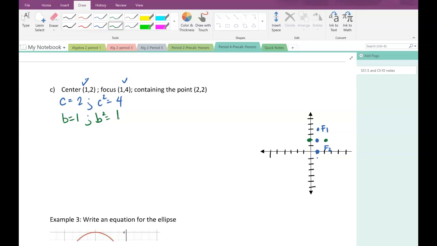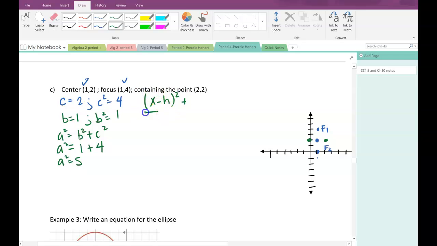So a will get us the points for the vertices, okay? So a squared equals b squared plus c squared. So a squared equals 1 plus 4. So a squared equals 5. All right, that is definitely enough for us to write our standard form. Now, okay, so where do we put the a squared? Under the y minus k squared or under the x minus h squared?